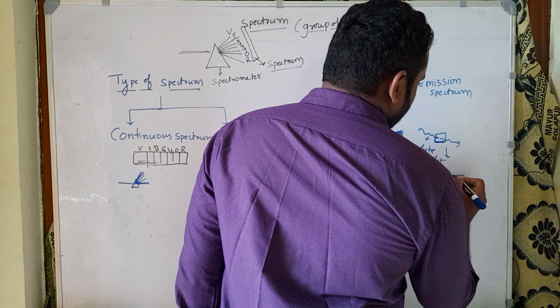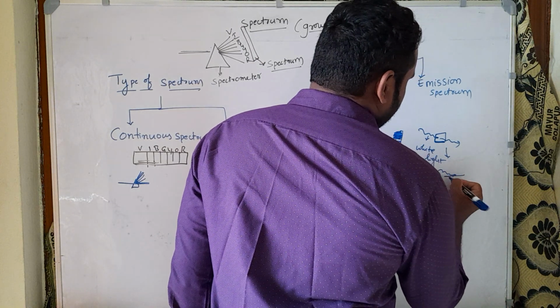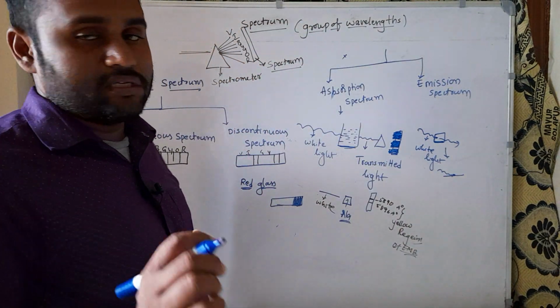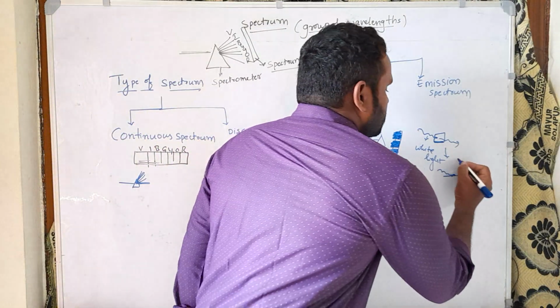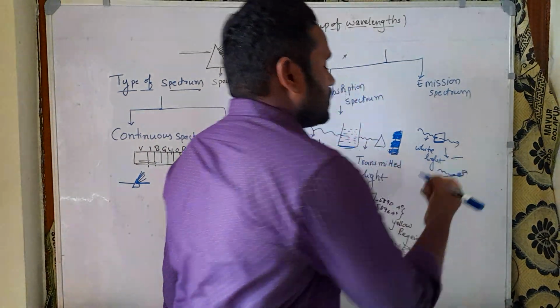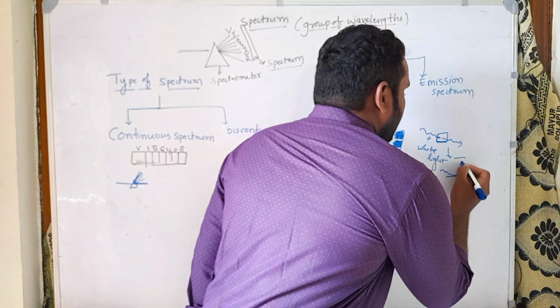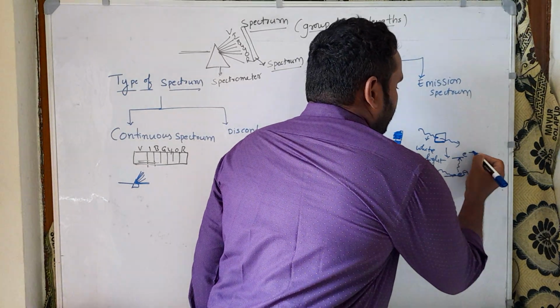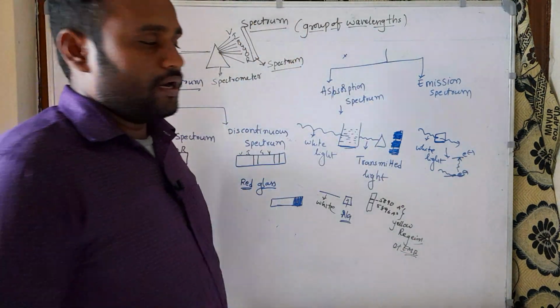Initially, when you are supplying heat energy or passing some discharge, the electrons present in the substance absorb radiation and enter the higher energy levels.